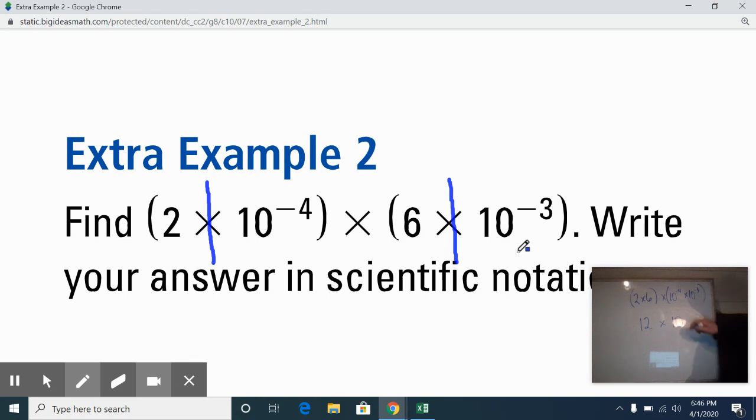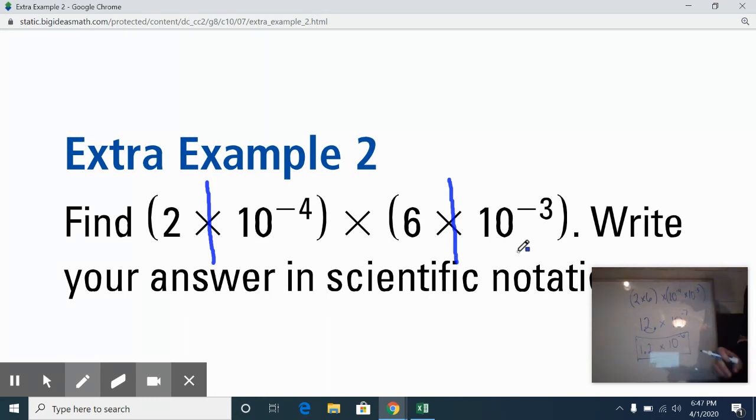Negative 4 plus negative 3 is negative 7. Now let's take into account that my decimal is right here currently. That's a number that's greater than 10. I've got to move it left 1 unit. That would give me 1.2. And remember, I moved left, so I add 1 to negative 7, so negative 6. So here's my final answer here.